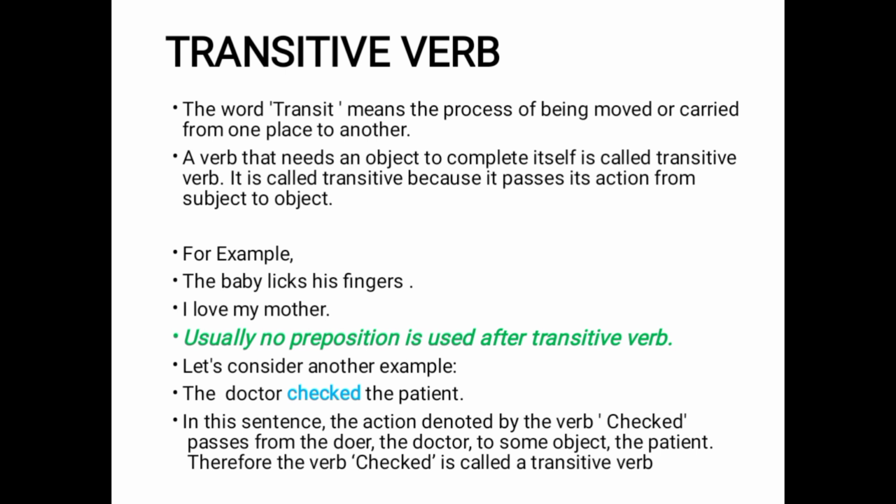The doctor checked the patient. In this sentence, the action denoted by the verb checked passes from the doer, the doctor, to some object, the patient. Therefore, the verb checked is a transitive verb. So, transitive verbs are verbs that require an object in the sentence.